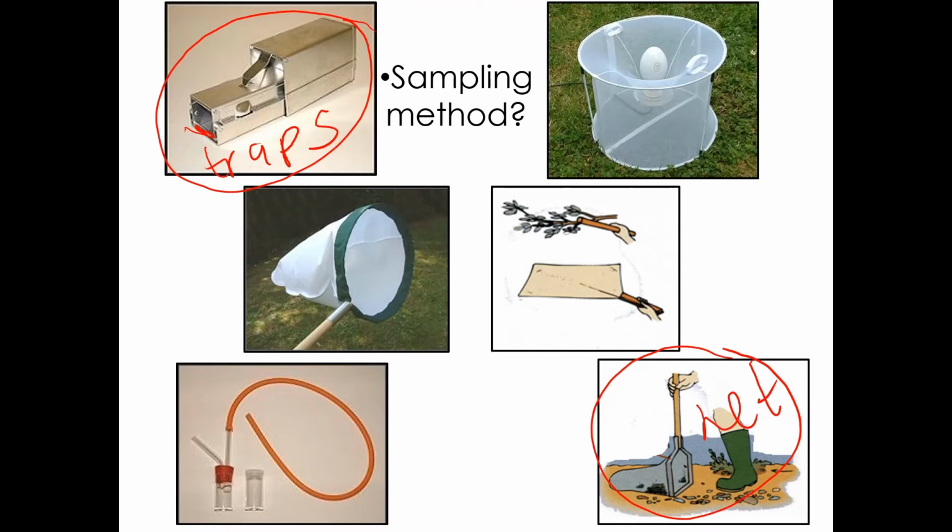Okay, so picking the appropriate sample method for a ladybird might be a net like this one here. So you might be netting an area. You might be collecting all of them using a pooter. You might be doing a branch shake and shaking them off a branch, or you might use a trap.